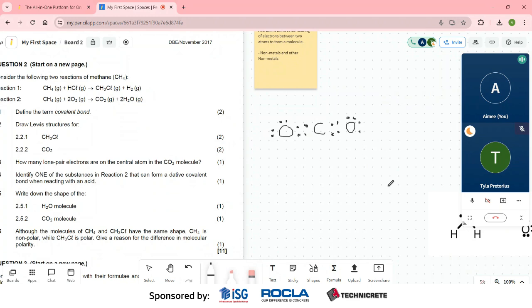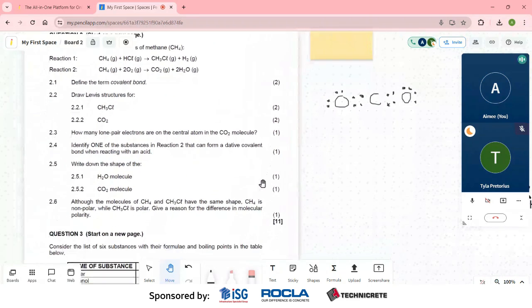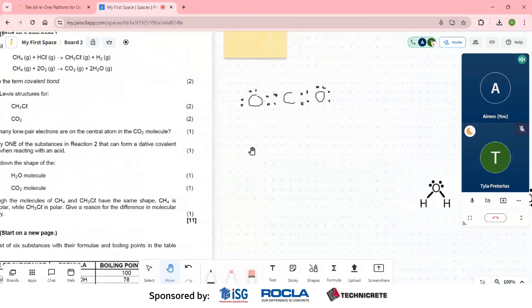Okay, I think let's continue to our next question. Our next question says, how many lone pair electrons are on the central atom in the CO2 molecule? Okay, so a lone pair of electrons is a pair of electrons that is not involved in any bonding. So all 4 of these electrons, or pair 1 and pair 2, are bonding pairs of electrons.